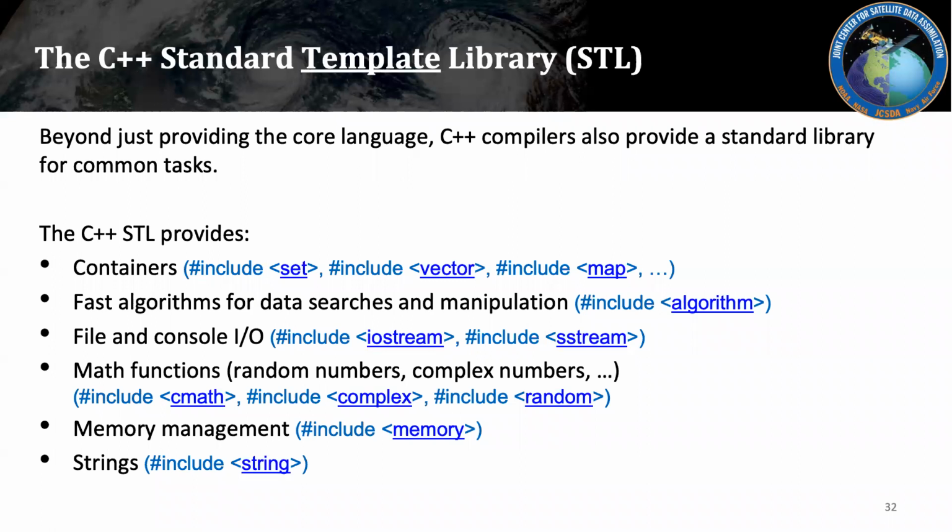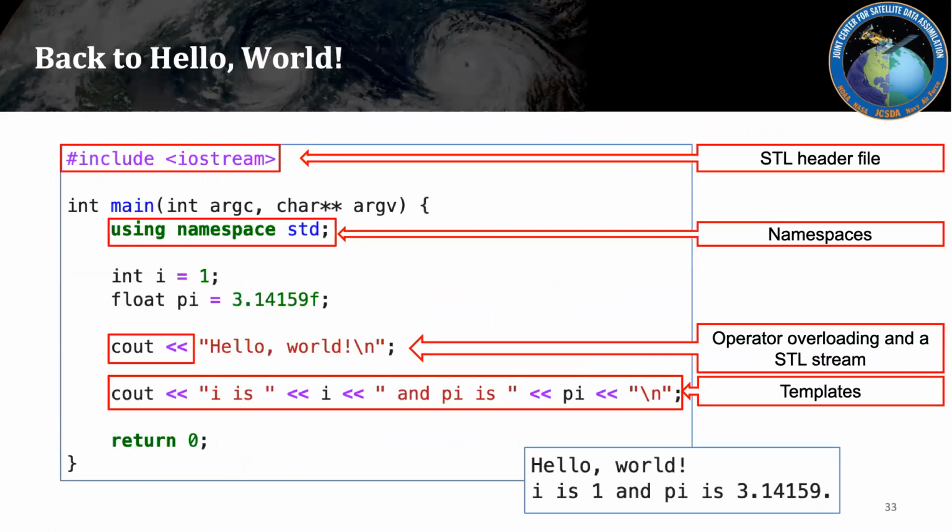But in summary, however, I want to go back to that initial Hello World program that I showed you at the very beginning and just say, with all these concepts, they all apply in a bunch of different ways, even at a very low level or at a very simple level. So first, include iostream.